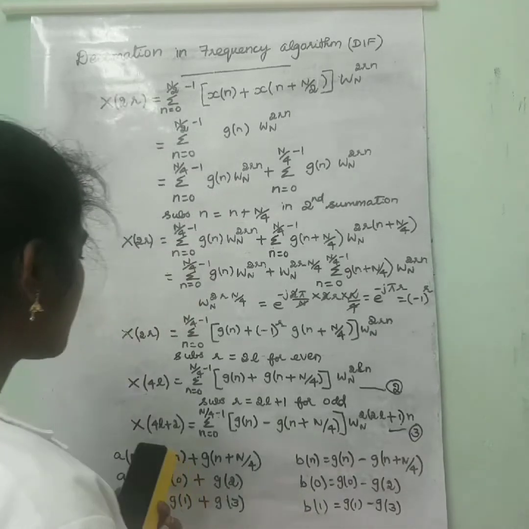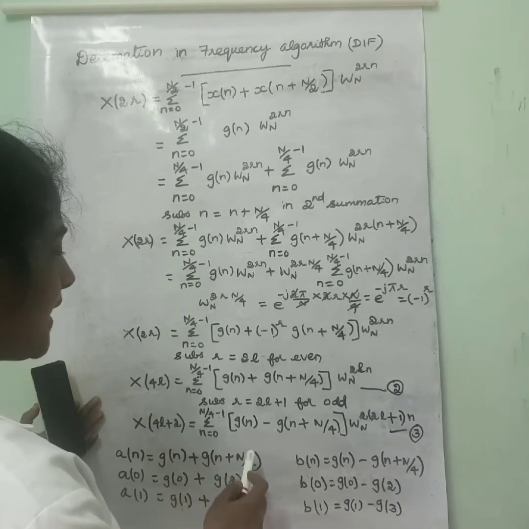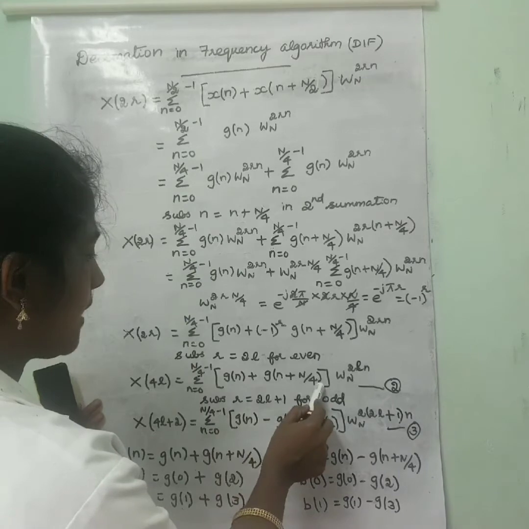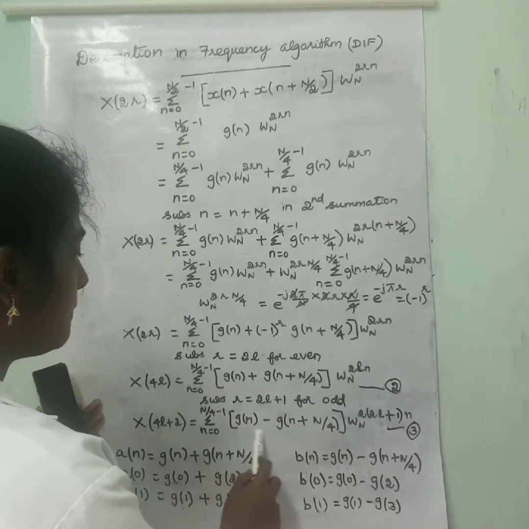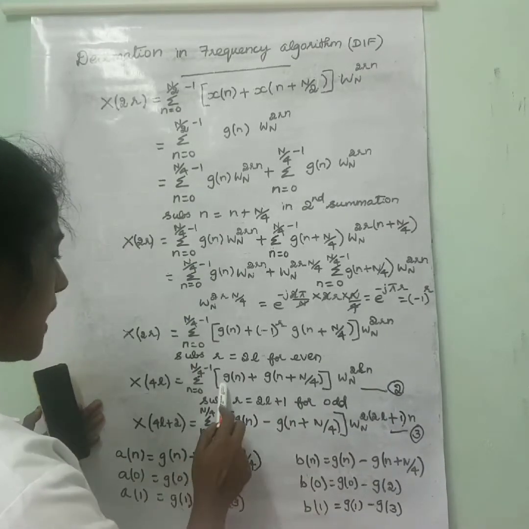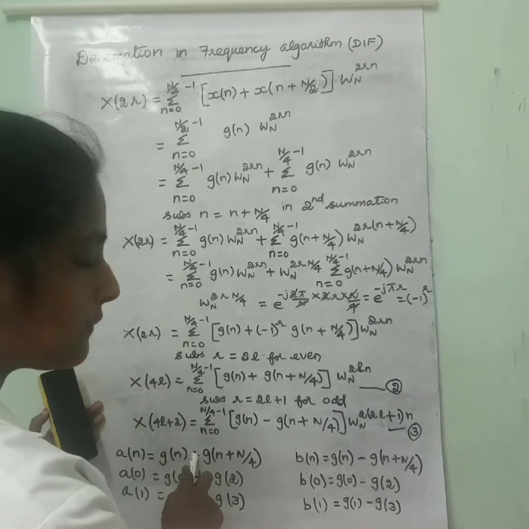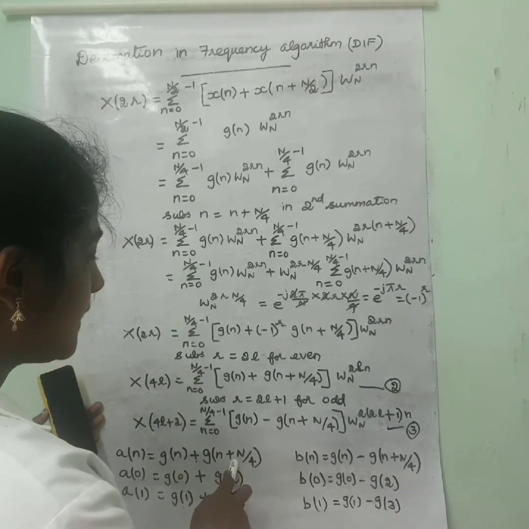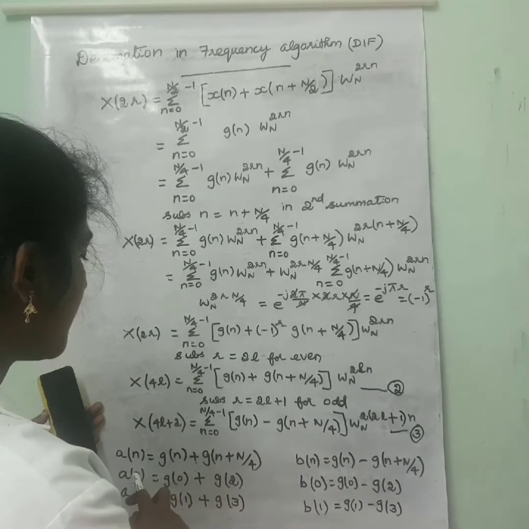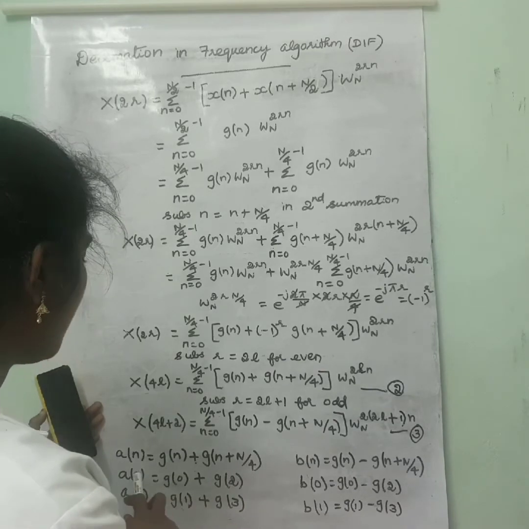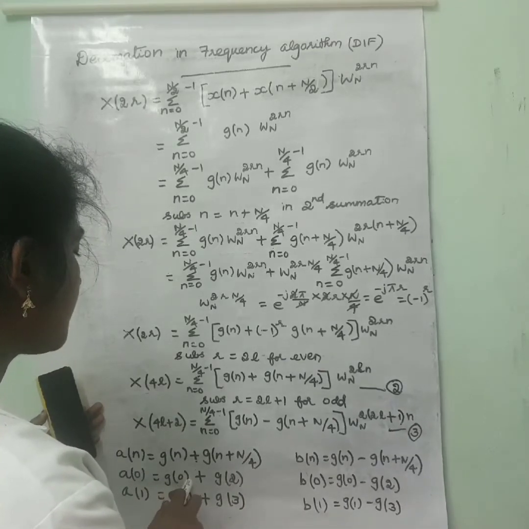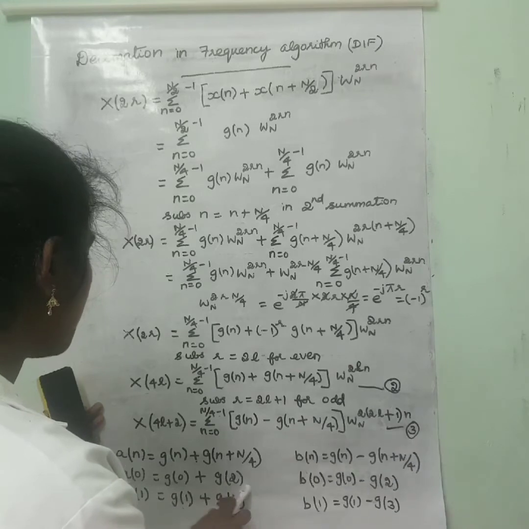Now you can take these values, this as a of n and this as b of n. So a of n is equal to g of n plus g of n plus N by 4. So when n is equal to 0, a of 0 is equal to g of 0 plus g of 2.